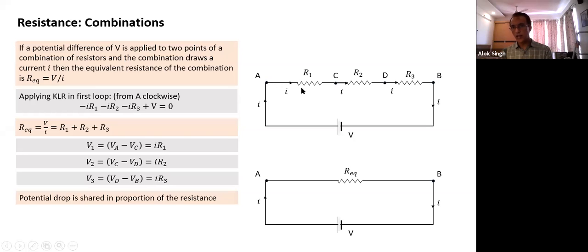So the one which has the highest resistance will have the higher potential drop. Or another way of saying it: since the current is the same, to push the same current through a higher resistance, I need a higher potential drop. So potential drop is shared in proportion to resistance. And we should know how to quickly calculate the potential drop across each resistance. We'll practice some more questions on this.